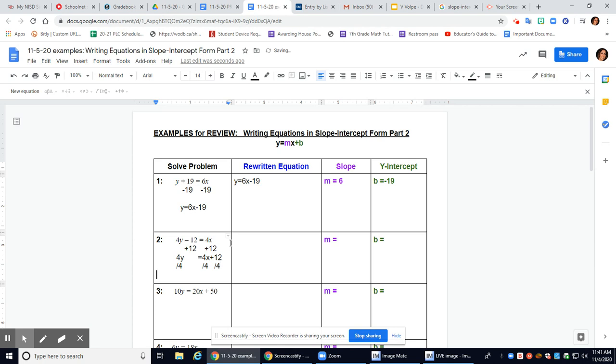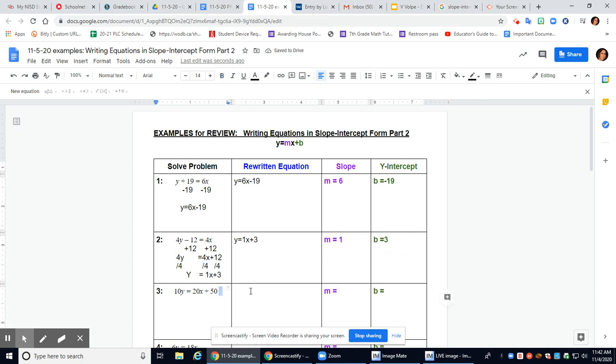And that will leave me with y equals 1x, because 4 divided by 4 is 1, and 12 divided by 4 is 3, so plus 3. So my rewritten equation is y equals 1x plus 3. My slope is the coefficient in front of the x, so that's 1, and my y-intercept is 3.